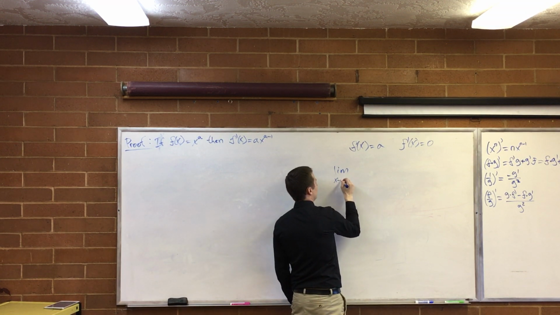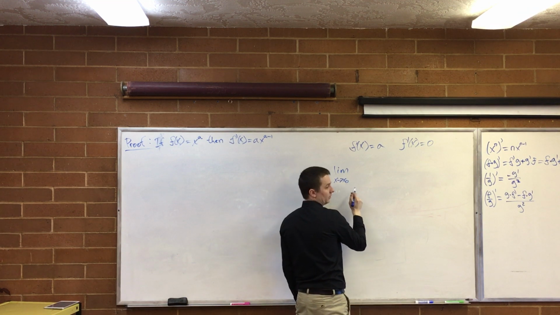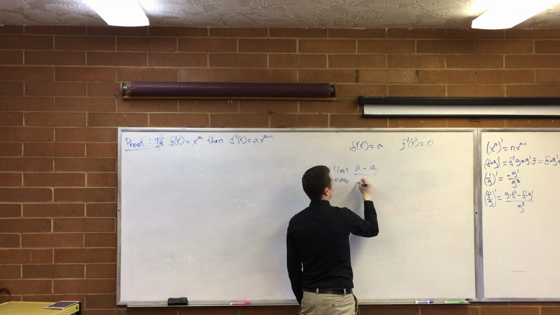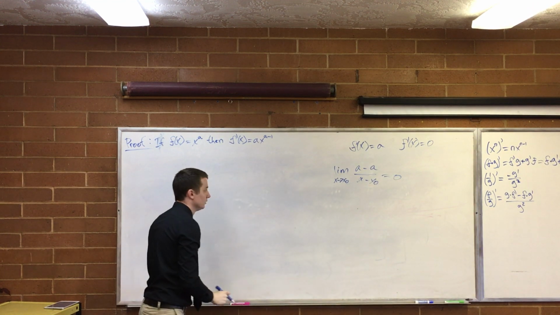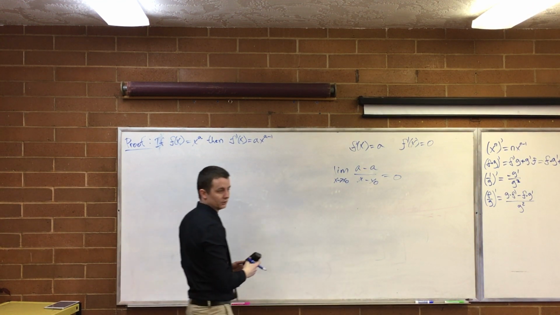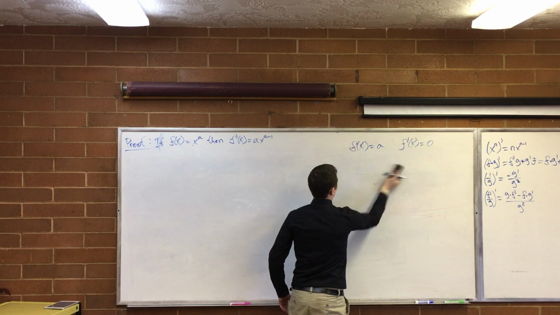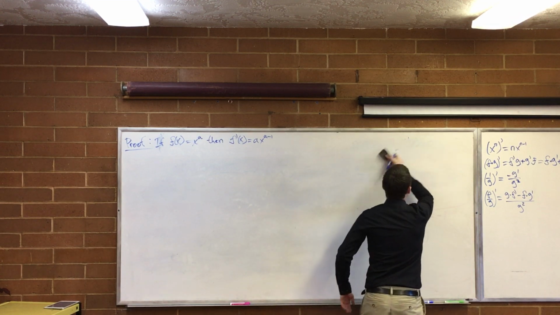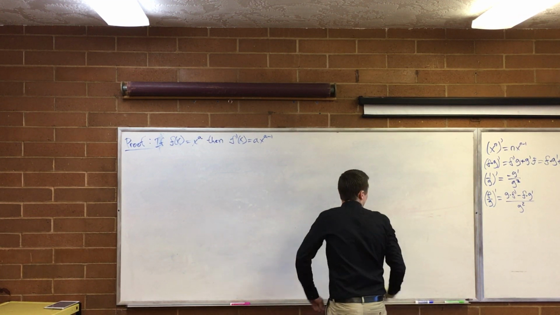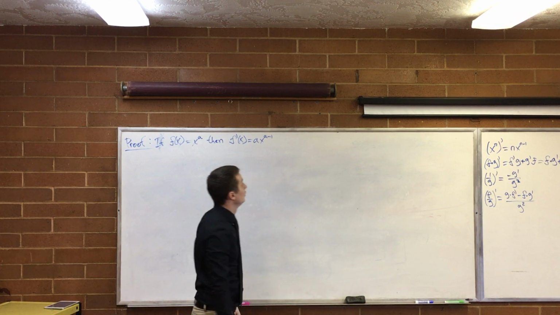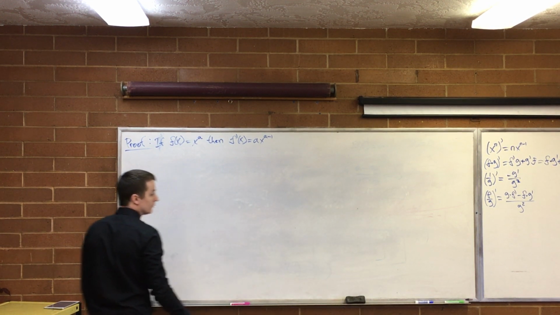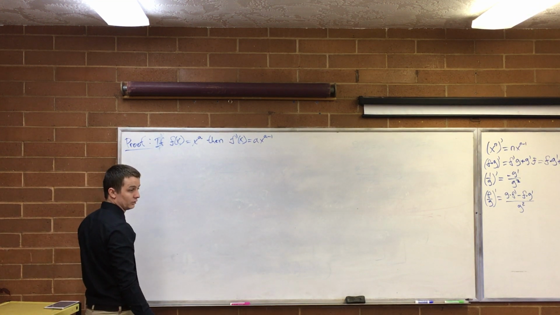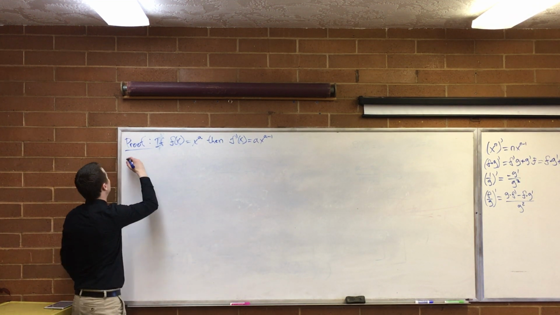The limit as x approaches x naught of a minus a over x minus x naught is 0. Good? So the derivative is 0 when we have x to the 0.